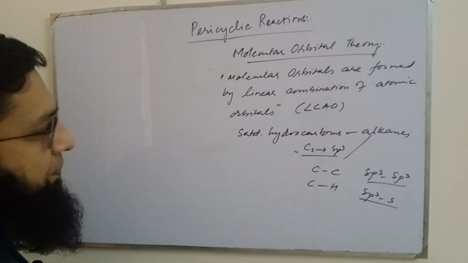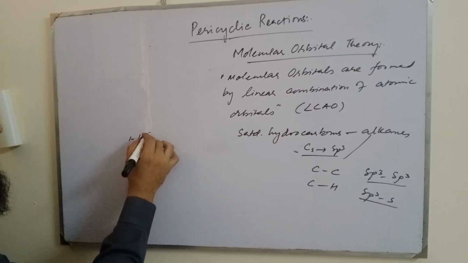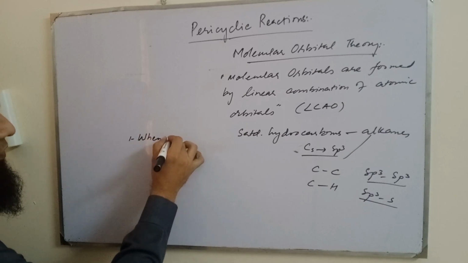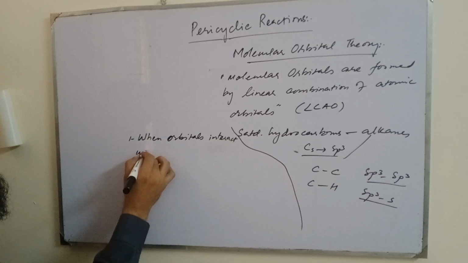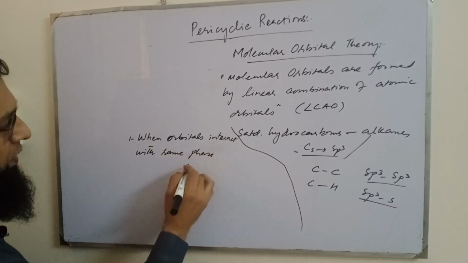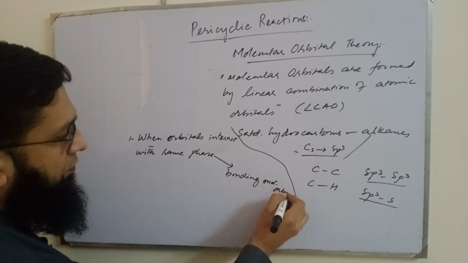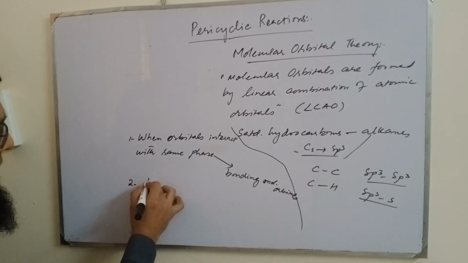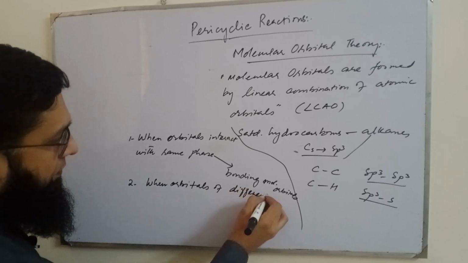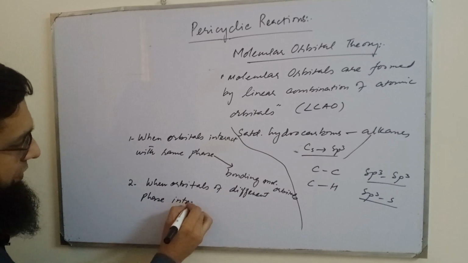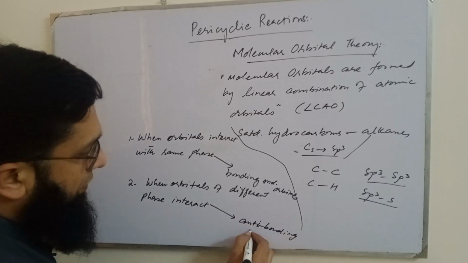So these are two types of bonds present in alkanes. There are two ways in which two orbitals can interact. When orbitals interact with the same phase, we get bonding orbitals, and when orbitals of different phase interact, we get anti-bonding molecular orbitals.